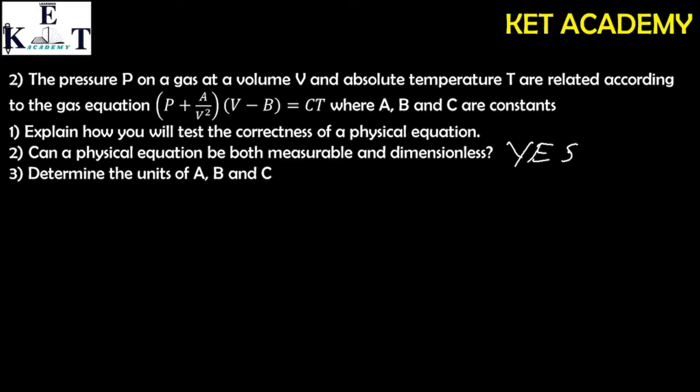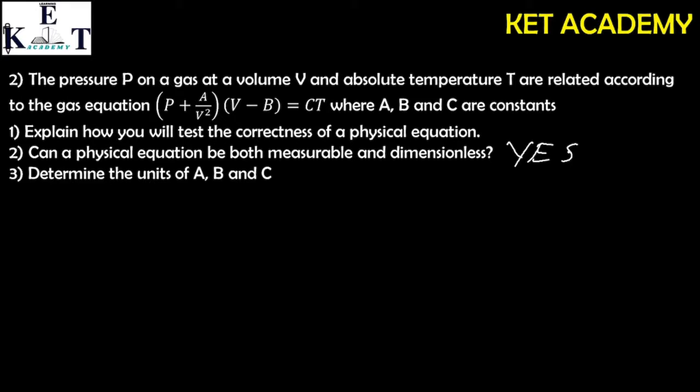We know that we can only add quantities that are similar, meaning that if we have two terms and we are adding them, those two terms contain the same unit.